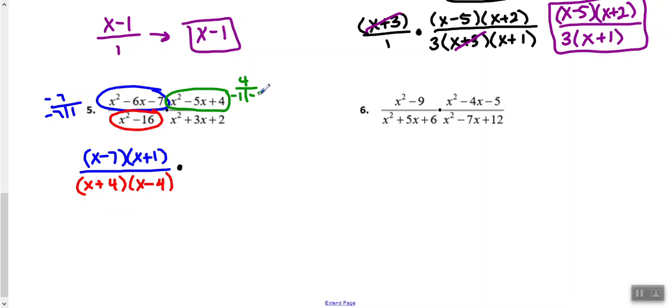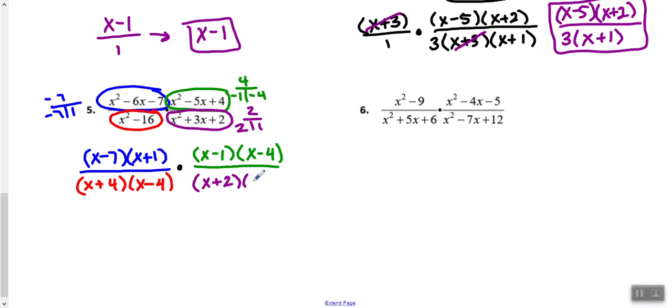Negative 1 and negative 4. So that gives me x minus 1 and x minus 4 over x squared plus 3x plus 2. What multiplies to 2 but adds to 3? 2 and 1, which is x plus 2 and x plus 1.